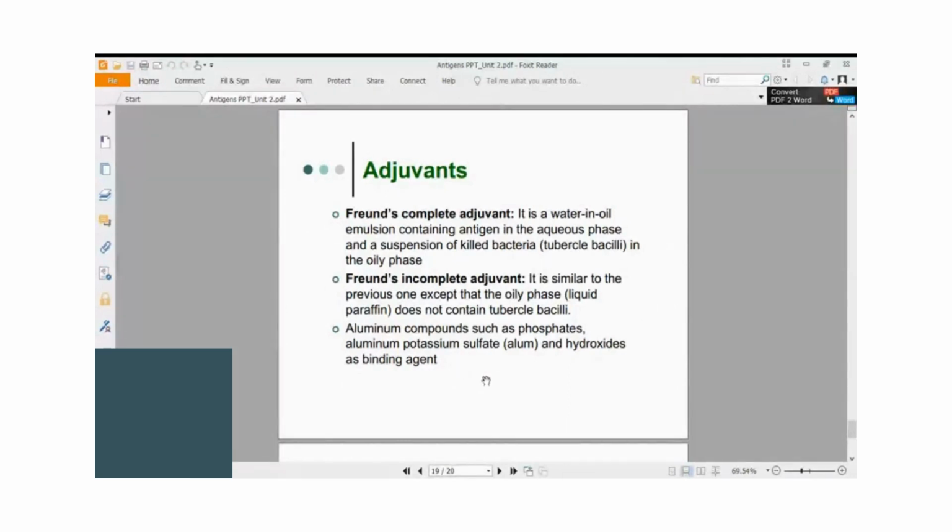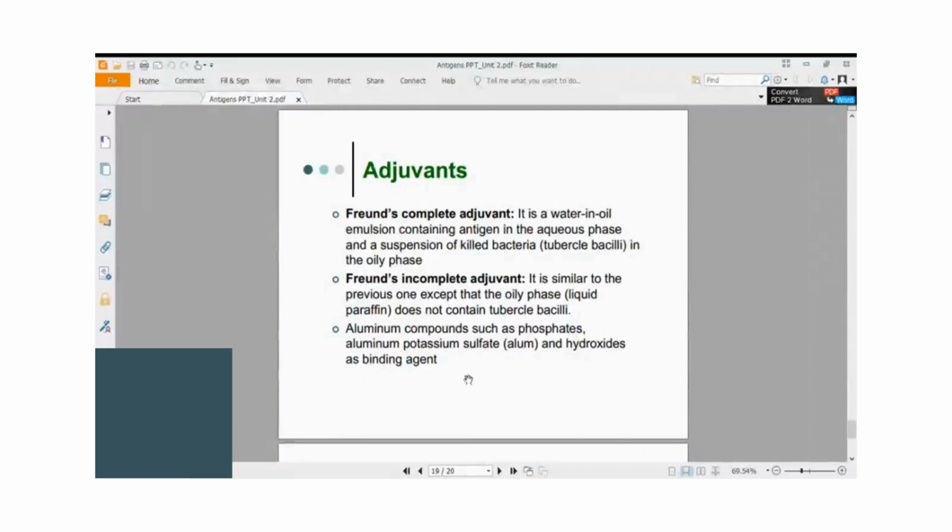The reason being, the vaccine that you prepare could be a soluble antigen. And being a soluble antigen, when you inject it into the body, that soluble antigen may get lost without being processed by the antigen presenting cells.